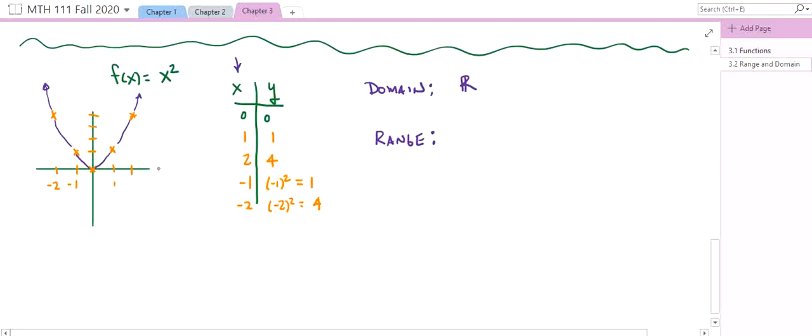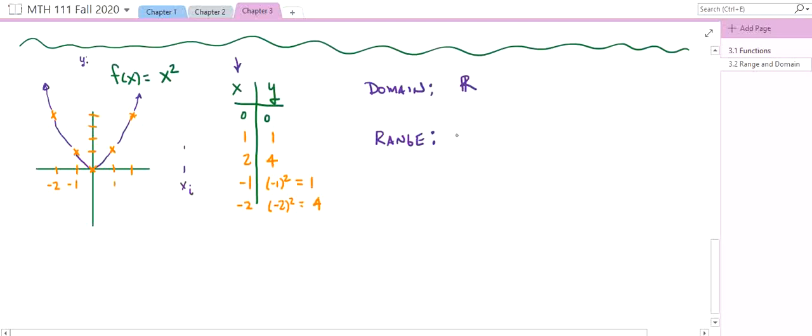If we're way out here and we choose this x value, way up here, there's going to be a y value associated with it. Or some negative x value, doesn't matter how big, there's going to be some y value.